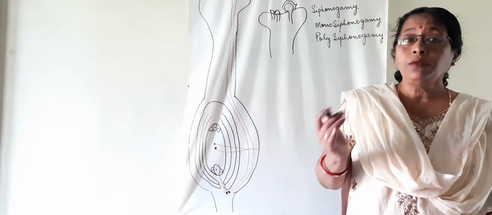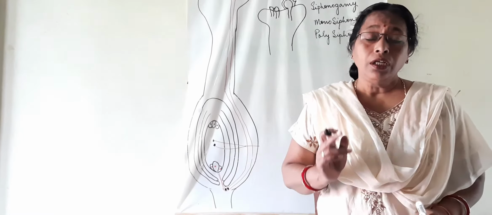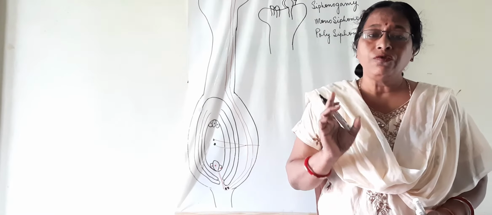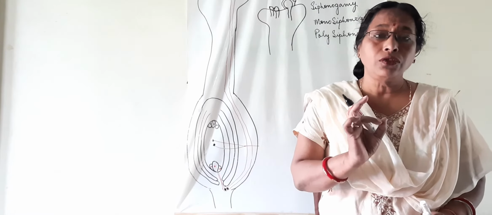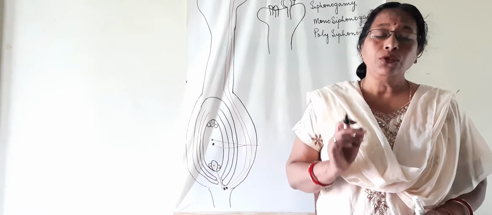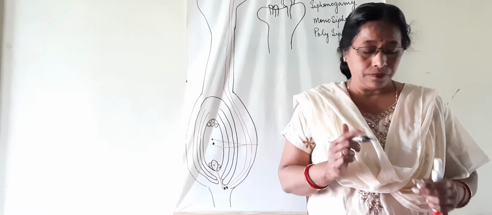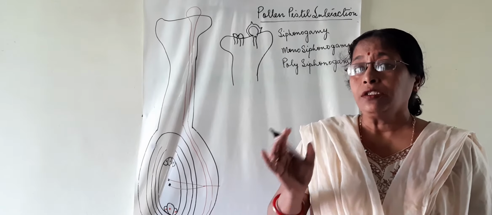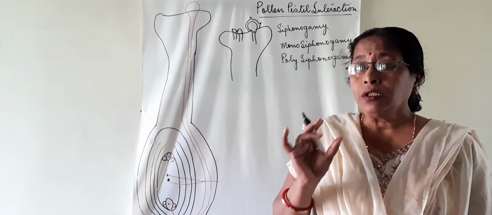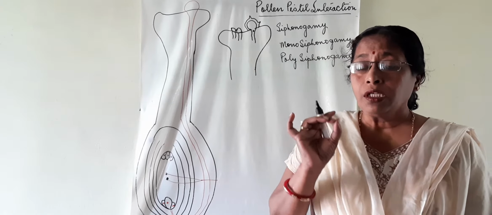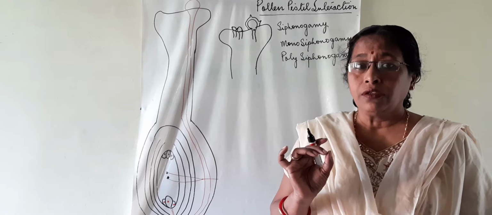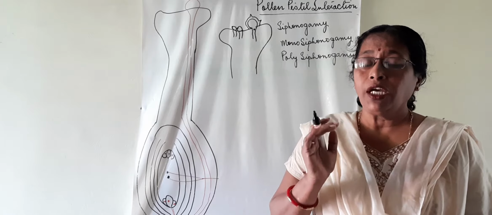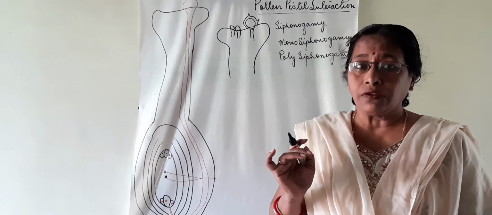No matter how many pollen tubes are germinating, it is only one pollen tube which develops and reaches towards the micropyle to enter the embryo sac. All of you have seen earlier that pollens are shed on the stigma in a two-celled condition. That is, one is vegetative and the other is generative.